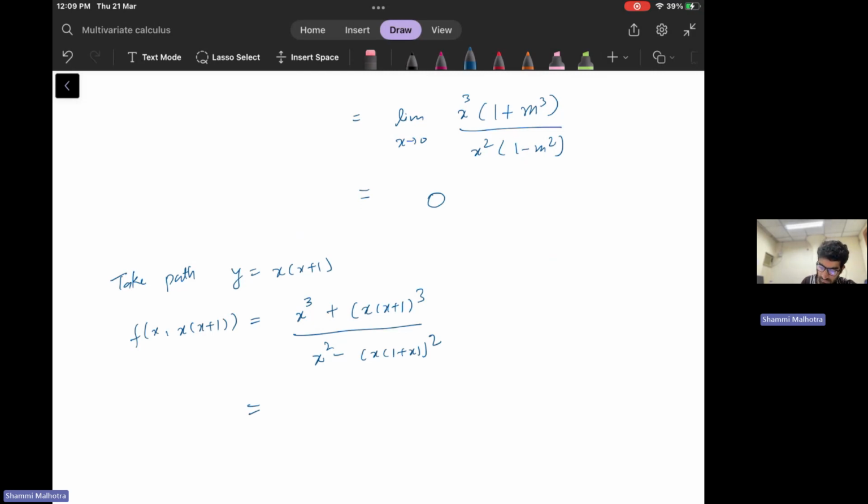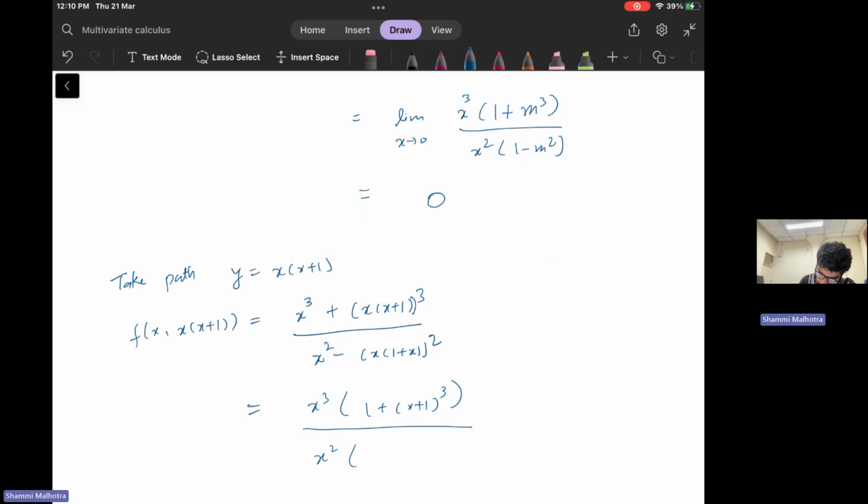So once we can evaluate this, this will be x cube. I can take common, so this is (1 plus x plus 1) whole cube, whole divided by x square.